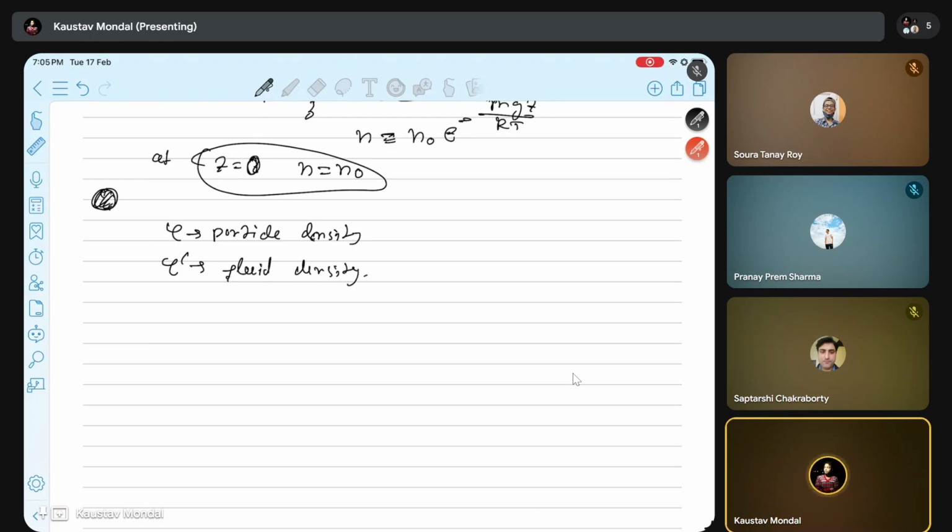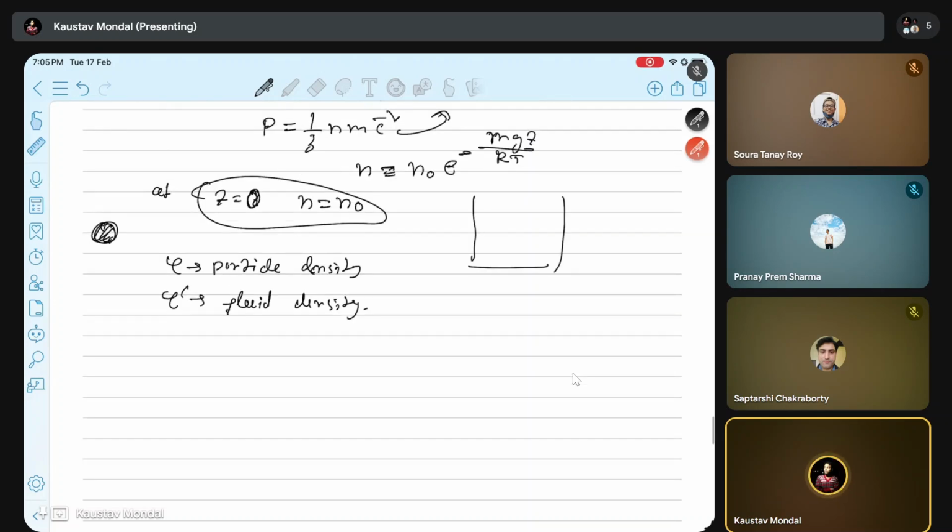If the particle is submerged in a fluid and it is spherical with radius r, the buoyancy force is F equal to 4 by 3 pi r cube into rho prime.